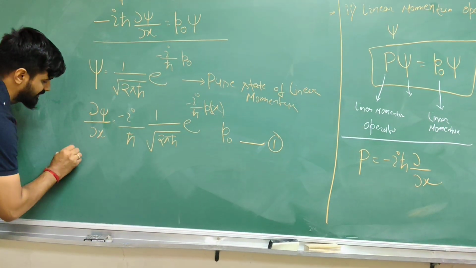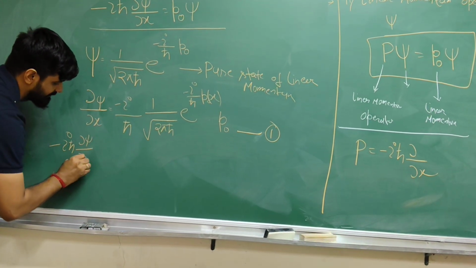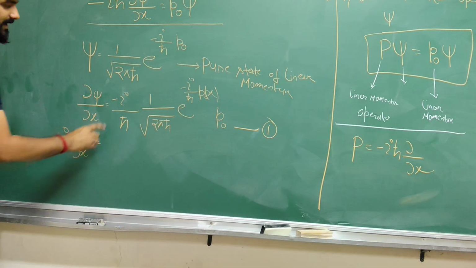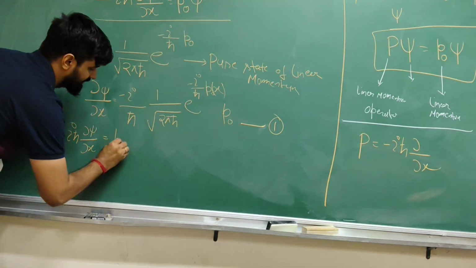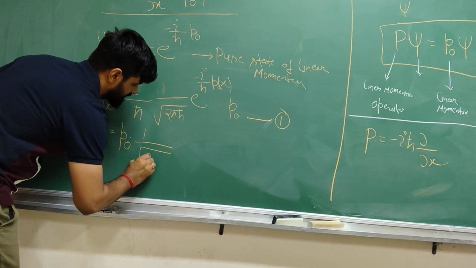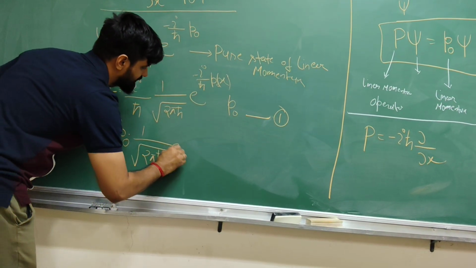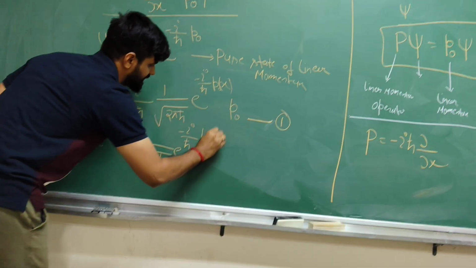So I'll have minus iħ ∂psi/∂x, that is equal to i square, minus minus becomes plus and it gets cancelled out, and finally it will be p naught into 1 upon root 2 pi ħ e to the power minus i by ħ p naught x.